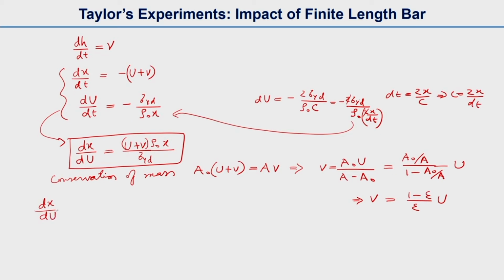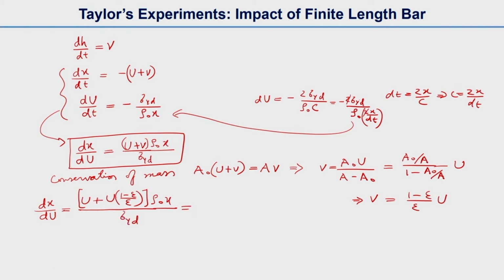So dx/dU will be equal to (capital U plus u (1 minus epsilon) divided by epsilon) rho naught x divided by sigma yd.